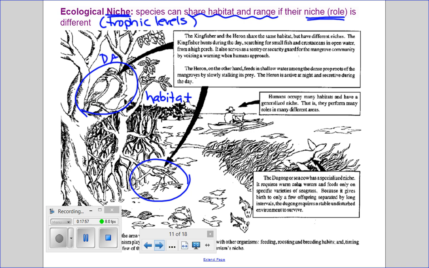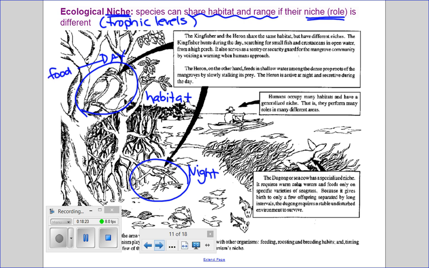This one hunts during the day, and this one hunts at night. And so they have a different role. They are not searching for food at the same time. The other thing that's different is that the actual food that they are eating is not identical.